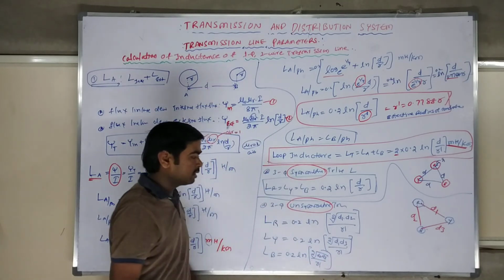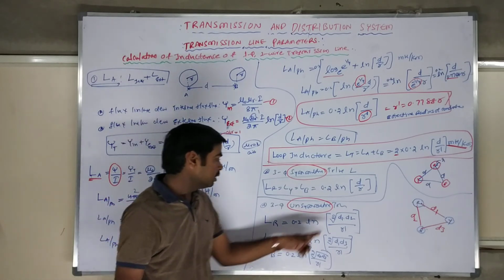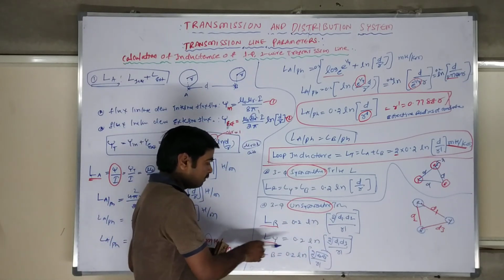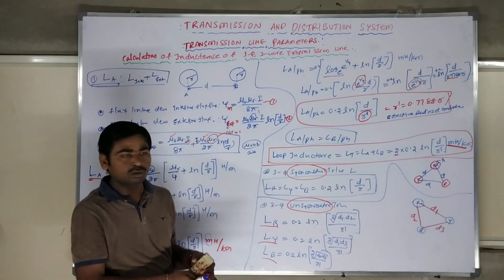For unsymmetrical lines the distances are different, so we have to take LR, LY and LB individually. All three inductances will be different.